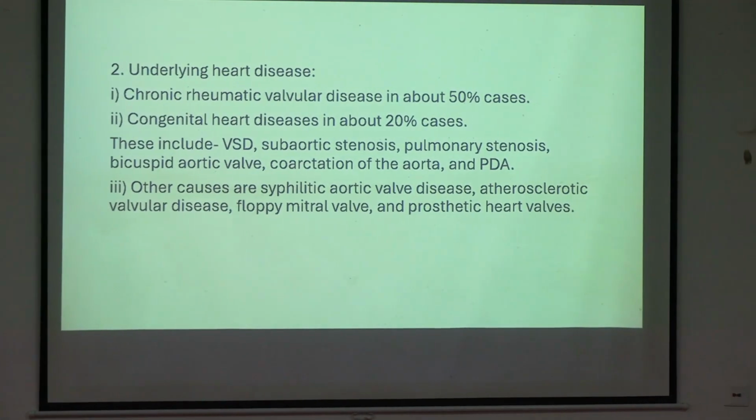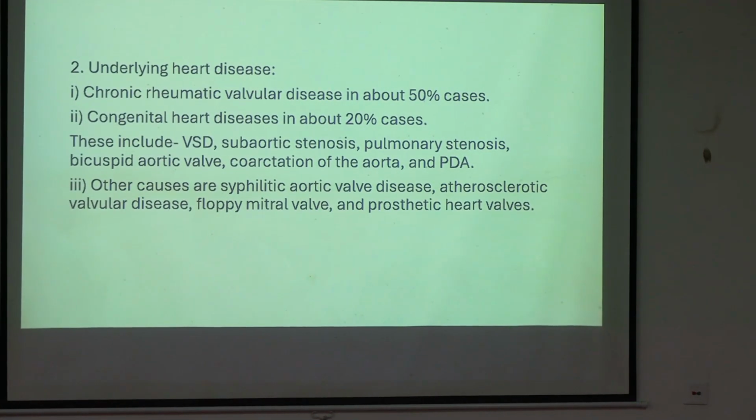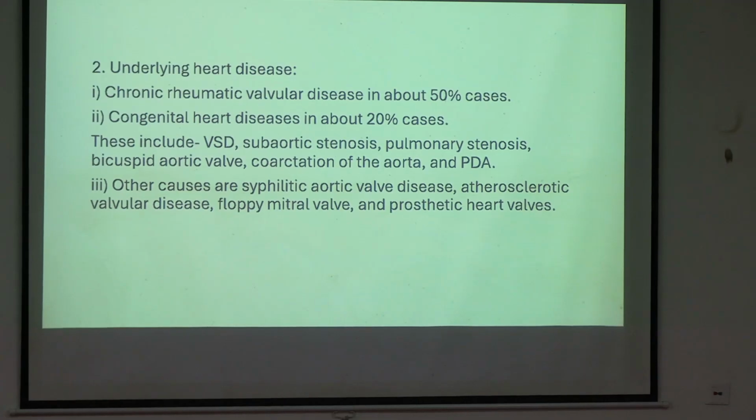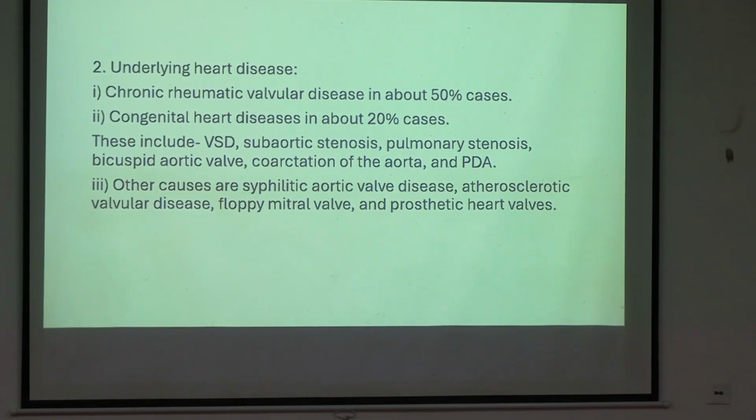Then subaortic stenosis, pulmonary stenosis, bicuspid aortic valve, coarctation, and PDA. Okay, what is PDA? Patent ductus arteriosus. Okay, and in others, what we can get is syphilitic aortic valve disease, atherosclerotic valvular disease, floppy mitral valve, and prosthetic heart valves. Okay, so these are some other etiologies from where you can get it.